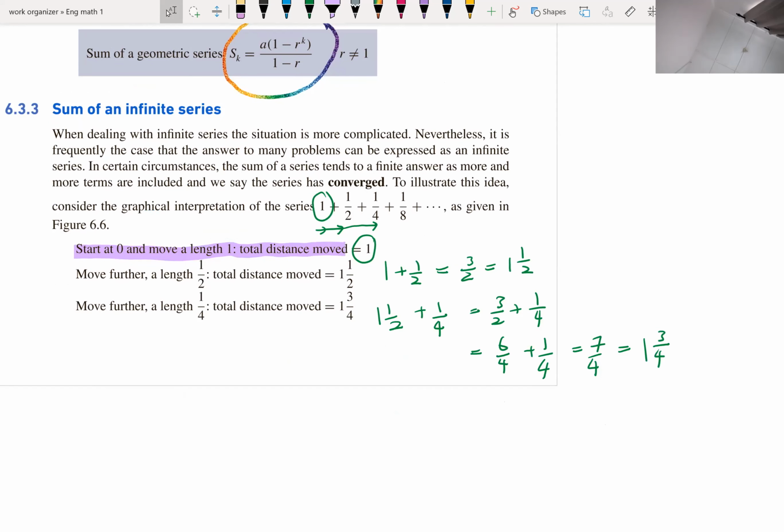Clearly not all infinite series will converge. For this example, the series here is not converging. It will move until infinity.